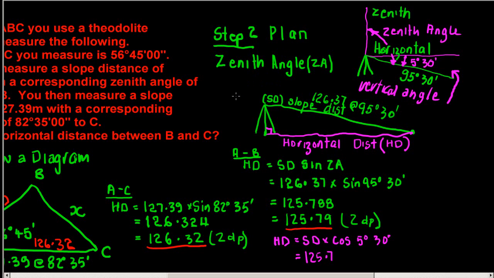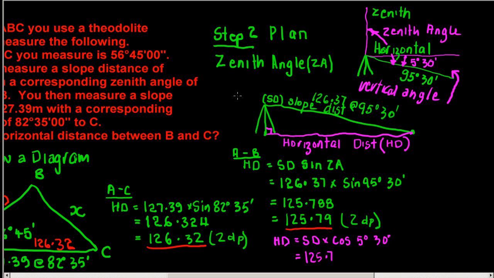Now, with the zenith angles you can reduce these very easily. The horizontal distance, say from A to B, is just equal to slope distance times the sine of the zenith angle. Now it happens to be sine, but it's very easy to work out which one it is, because if you can't remember whether it's sine or cosine, it's always the one that's like 0.999 or close to 1, because usually our slopes are not that great.